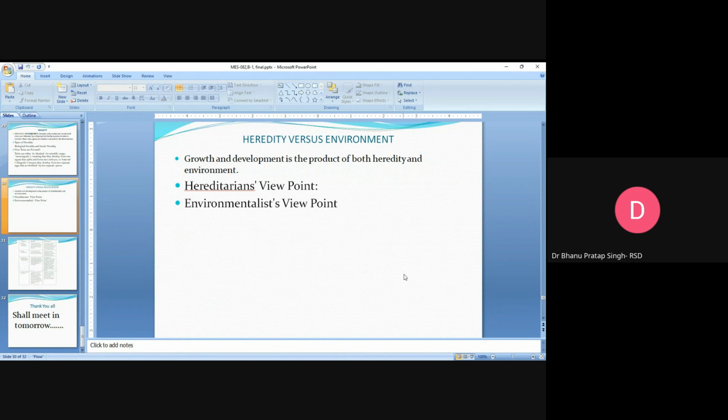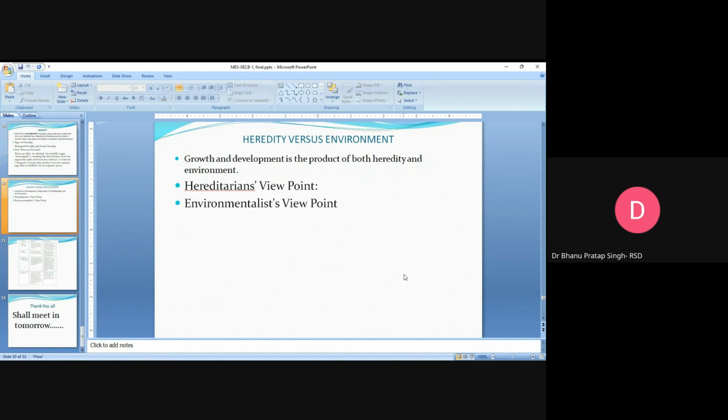So there are two types of persons having different opinions. One is the hereditarian, who believes that heredity is the most important factor for the growth and development of the child, and the other is the environmentalist point of view, who believes that environment is the most important factor for the development and growth of the child. Both have their own theories, their own researches, and their own outcomes.